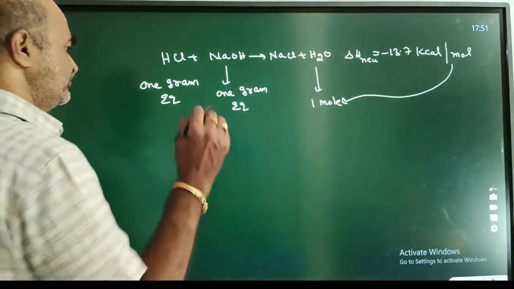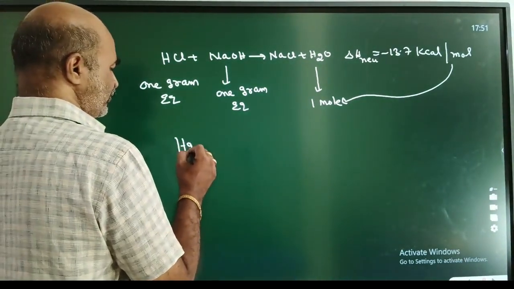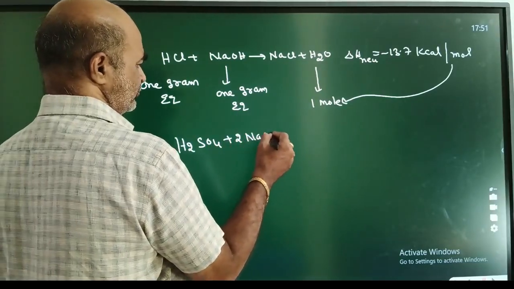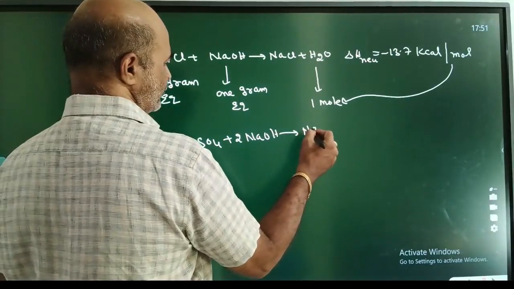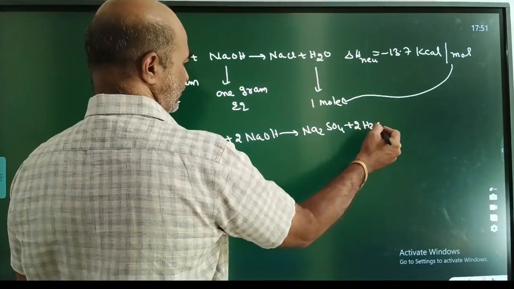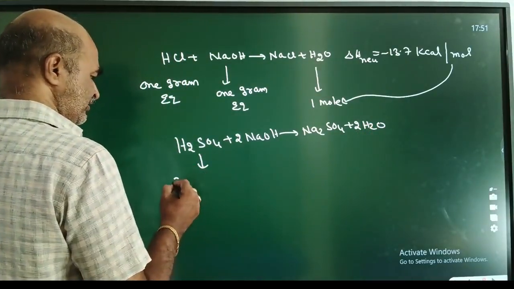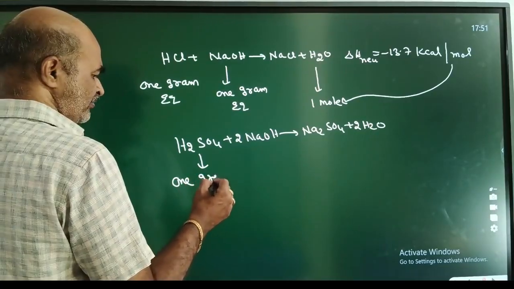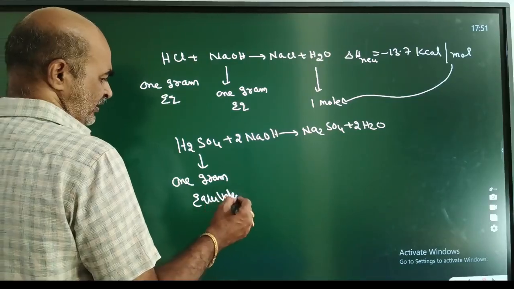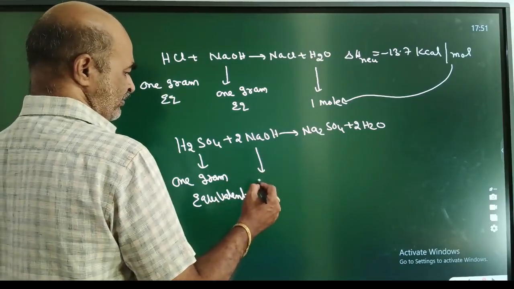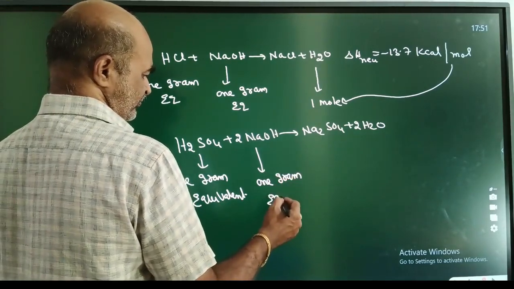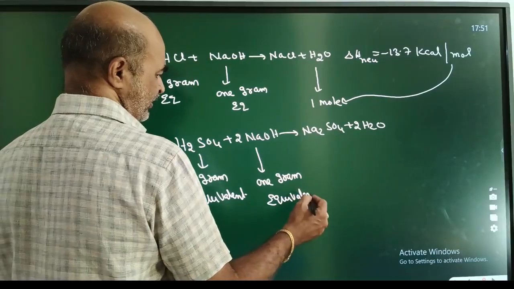Okay, next reaction, H2SO4 plus 2NaOH gives rise to Na2SO4 plus 2H2O. This is 1 gram equivalent. This is also 1 gram equivalent.